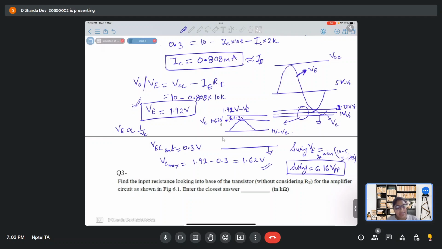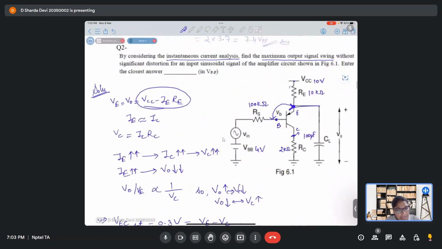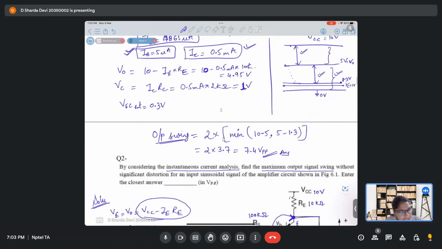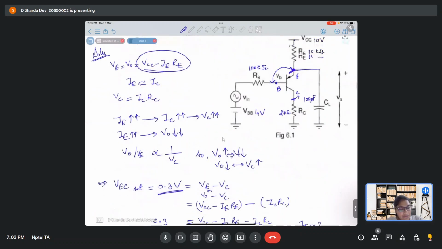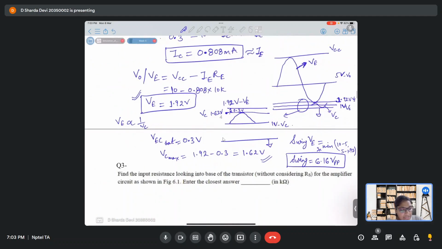Earlier we were saying that our output will go till 1.3 volts. That is actually incorrect. Your output can swing only till 1.92 volts. It cannot go beyond. That is the idea. Clear? Any doubts?